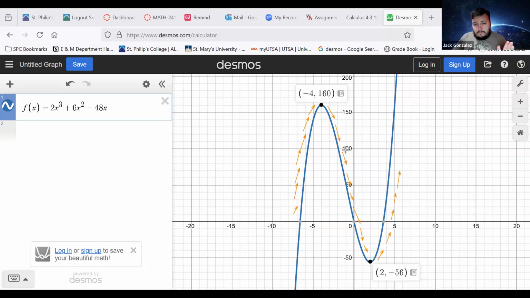You can picture a little car going up the hill, down the hill, and again up the hill. So increasing, decreasing, increasing. The derivative told me all of this without the picture, but the picture is just so you can see what's going on.